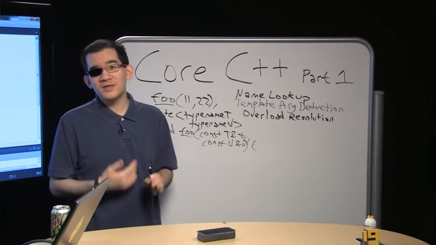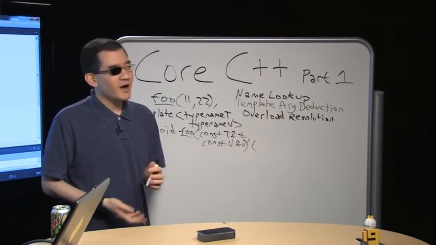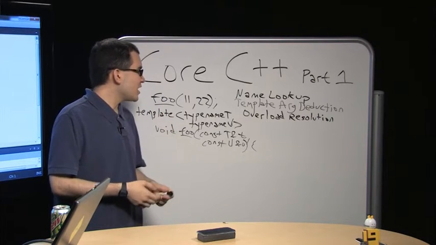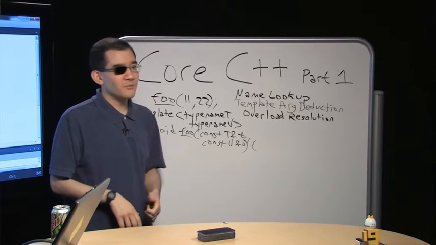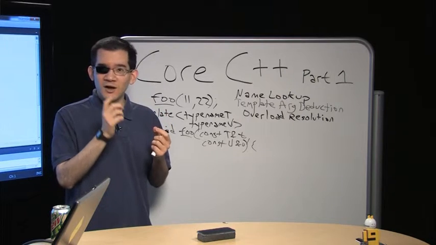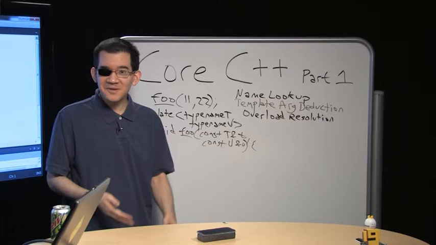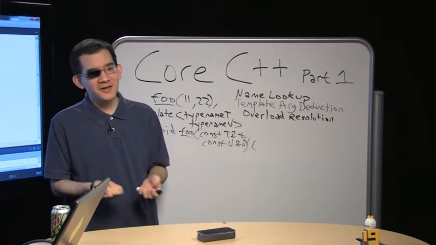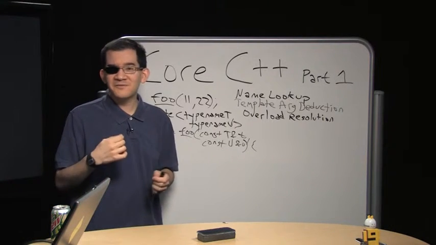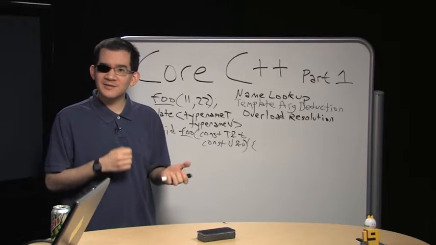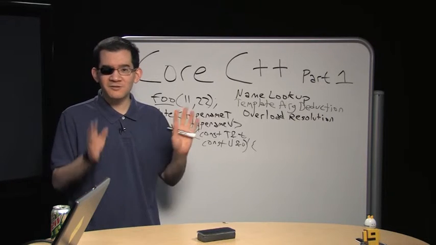Sometimes, though, the result is ambiguous. If I've got a foo taking long and another one taking, say, short and short, and my arguments are int and int, that's actually ambiguous. The compiler looks at that and says, I could convert one way, and I could convert the other way, but I consider them both to be equally good, and I'm just going to throw up my hands in the air.